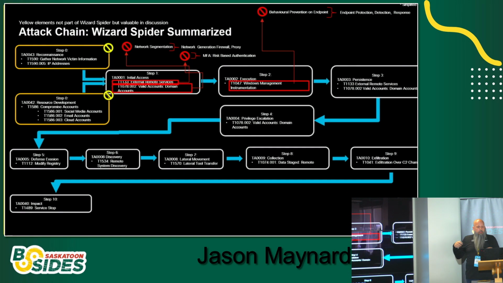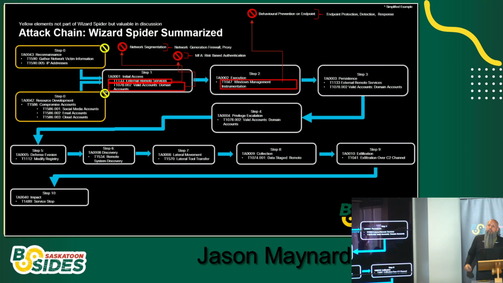When I look at step 2, execution, they're using WMI, Windows Management Instrumentation. If I take away your ability to use that, great, but I might not be able to do that. If PowerShell is used administratively in the organization and you need access to PowerShell and you can't restrict it, well, that's on the machine.